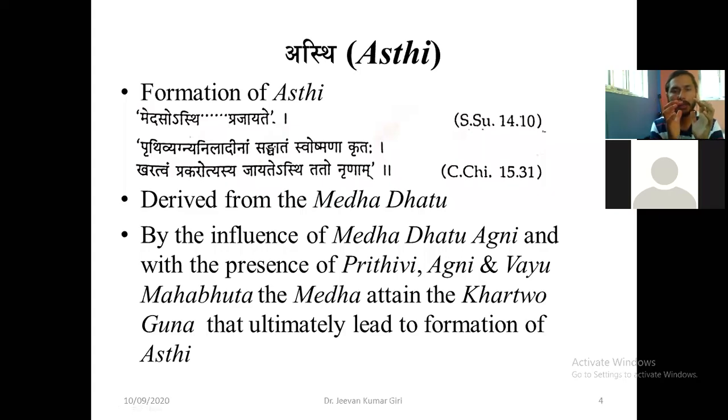By the influence of the Meda Dhatu Agni, that is the Ushmana, the Meda Dhatu attains the Kharatva Guna, and Prithvi, Vayu and Agni will merge with that. Then finally Asti will derive. So the Prithvi, Agni, Vayu merge with the Meda Dhatu which attained the Kharatva Guna by the influence of its own Dhatu Agni, to form the Asti Dhatu. Just remember this. That is sufficient.